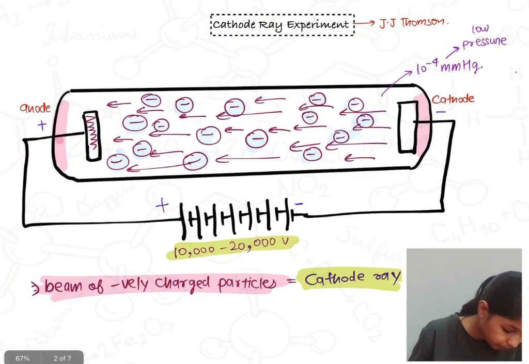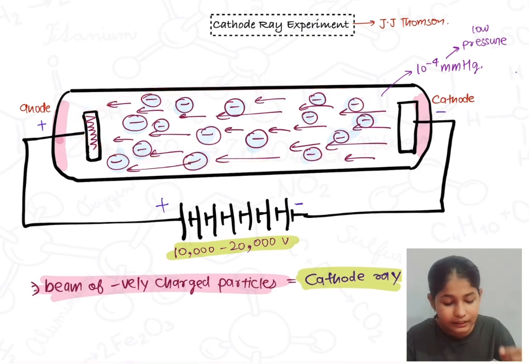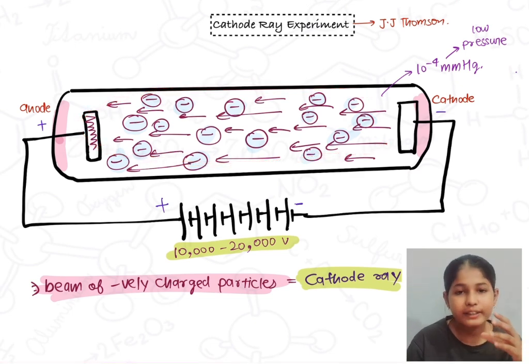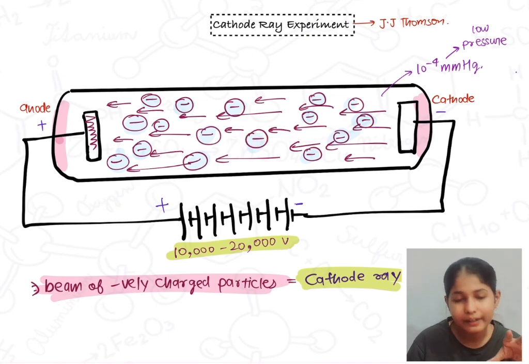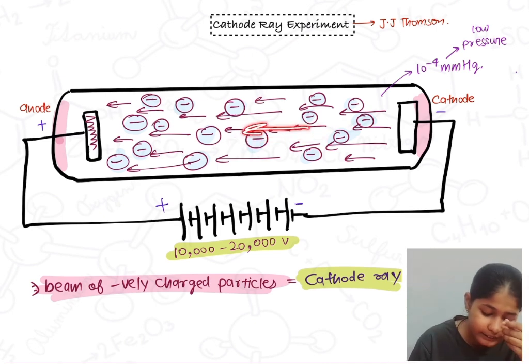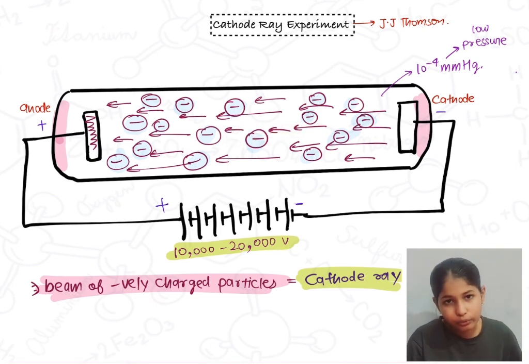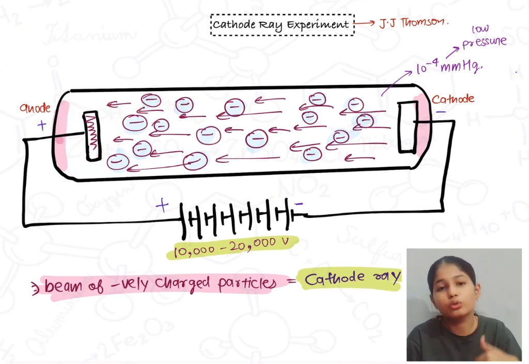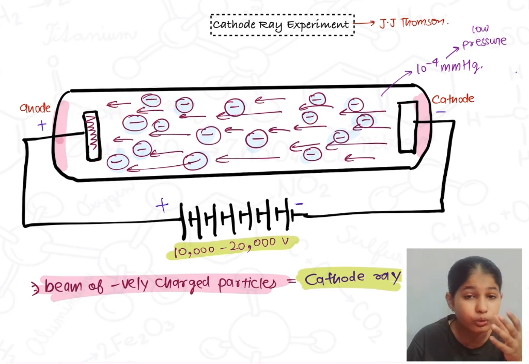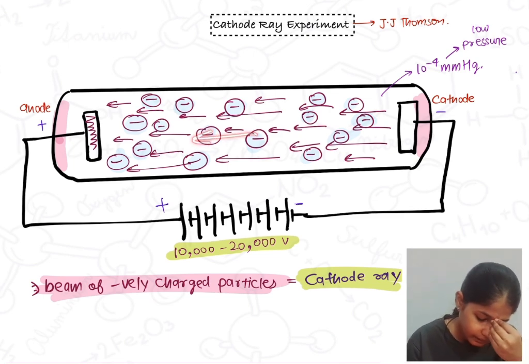Let me tell you how. You can see the direction of motion of these particles. What is their path here? Simply it is towards the anode, towards the left. So its direction is towards the anode.